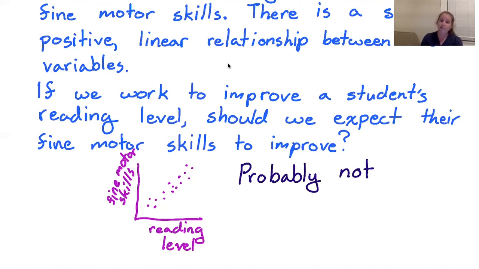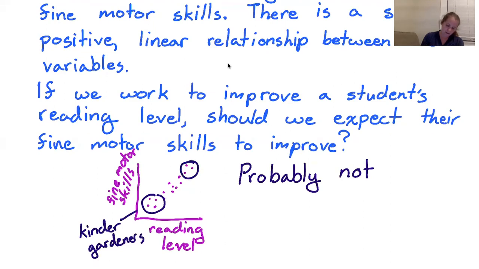So what is probably going on is that these points at the bottom are most likely our kindergartners, and the points up the top are most likely our fifth graders. So it's not so much that reading level is what is causing the fine motor skills, it's probably that age is in the background influencing both of these.